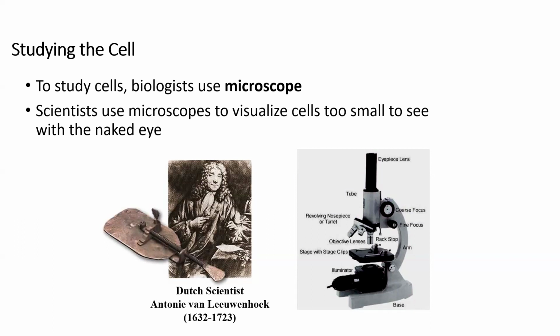He actually was a tailor, I believe, and on the side, he was just interested in making lenses. And one day he was looking through the lens, checking out some water, and he saw things moving in the water. So he called them animalcules. They are molecules that look like animals, right?